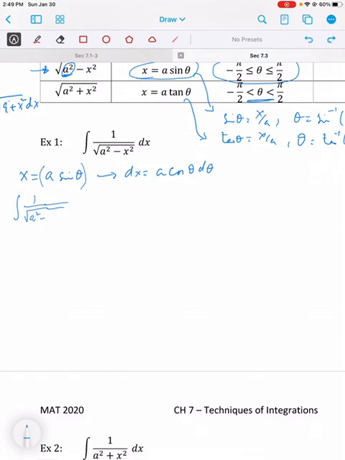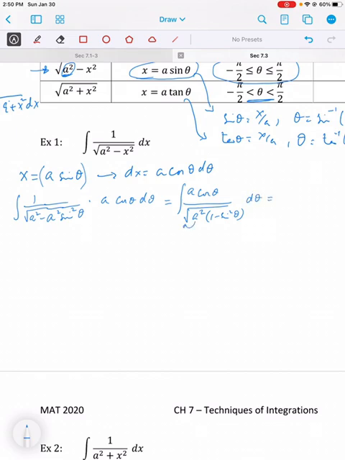So you get a squared sine squared theta, and then a cosine theta d theta, which gives us a cosine theta on the top, and at the bottom what we do is we factor out the a squared, and then inside we are left with 1 minus sine squared theta.